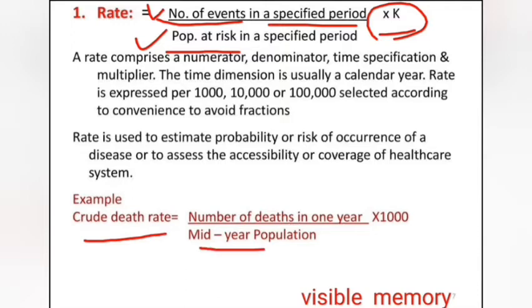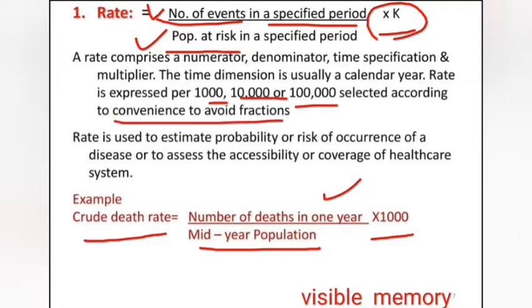Mid-year population is the population present in the middle of the year, because some people can migrate to other areas, so we take the mid-year population. The number of people dying is part of the whole population, and it has a time specification like 1 year and a multiplier of 1,000. The multiplier can be 1,000, 10,000 or 100,000 according to convenience, to avoid fractions.